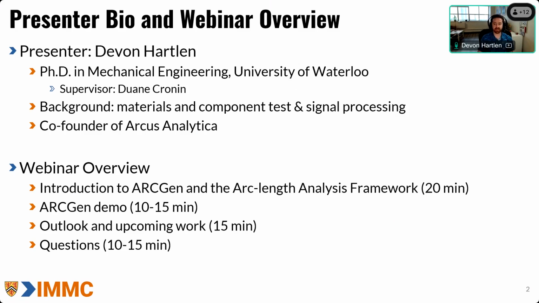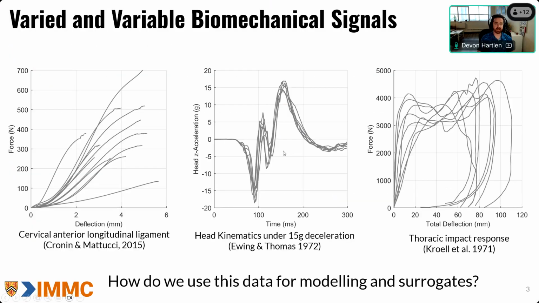So diving into things, I think everyone in the audience can agree that one of the biggest challenges we face in biomechanics, and especially for challenges like virtual testing, is that we're dealing with a hugely varied and variable type of signals. And we really need to deal with all of them. Things such as material response, which might be monotonic in nature, but not terminate at the same point in the x-axis. Things like time series data, whether that's head accelerations or some other kinematics we're tracking from an experiment.